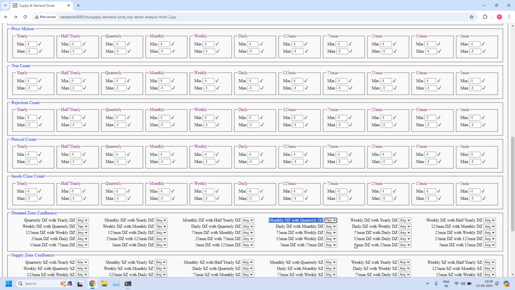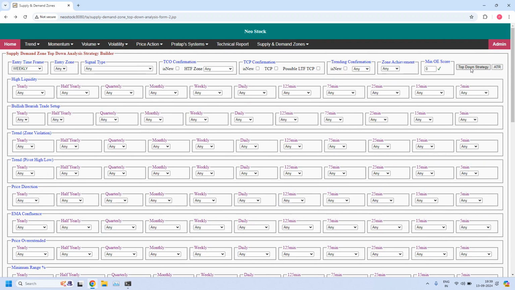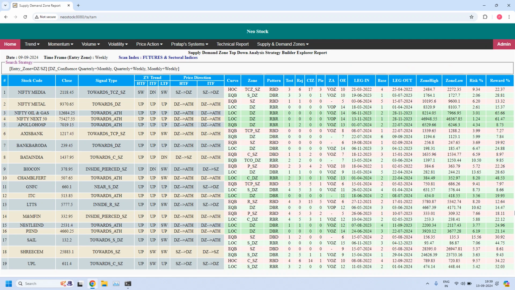That means weekly zone is part of monthly zone, weekly and monthly together part of the quarterly zone. How many demand zones are currently weekly zones supporting? So 19 stocks are filtered. All these 19 stocks are currently having a weekly zone, monthly zone and quarterly zone demand zone confluence. If any of your favorite stock is there from this list, you can focus on that.